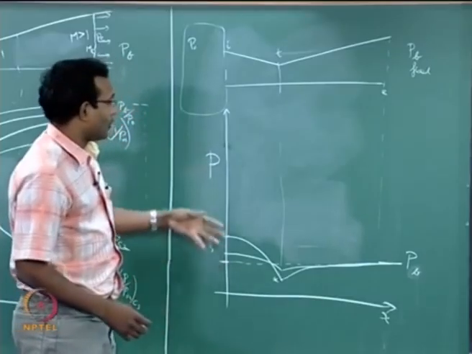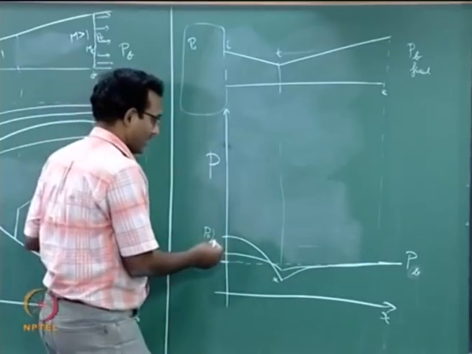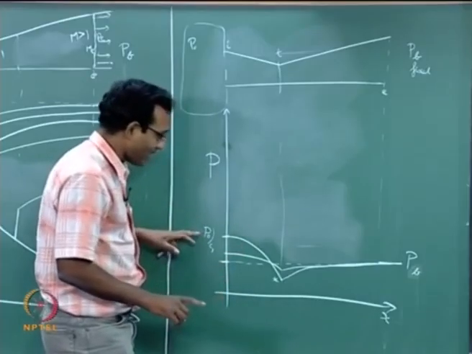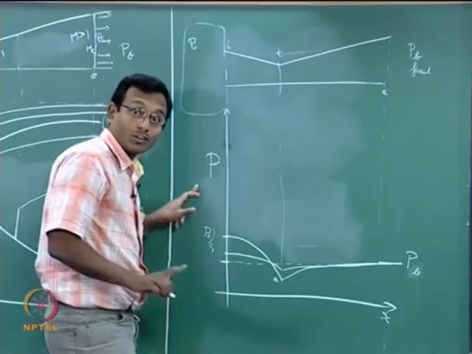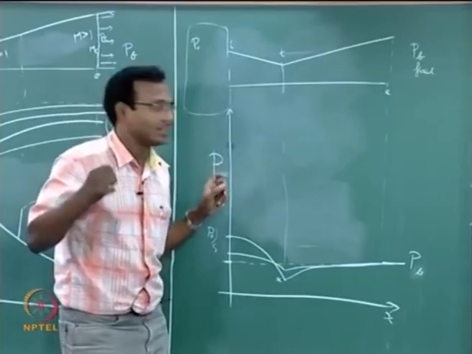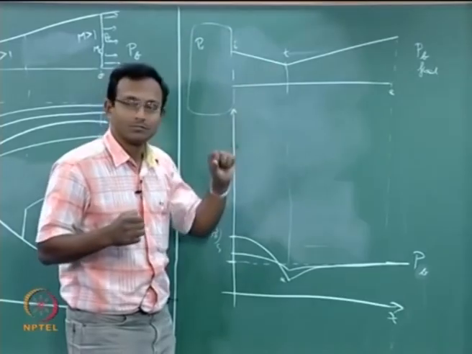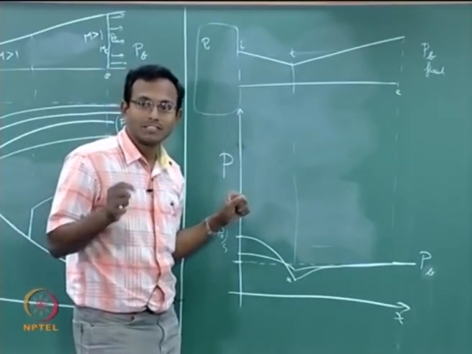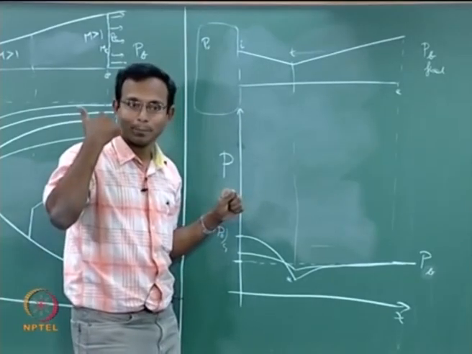This is what I will get. Now of course I can keep on doing this further, and there's one more thing I want to talk about. If I increase P naught any further, the choked condition remains choked. What happens to the P star, the pressure at the throat? P star, will it be the same?